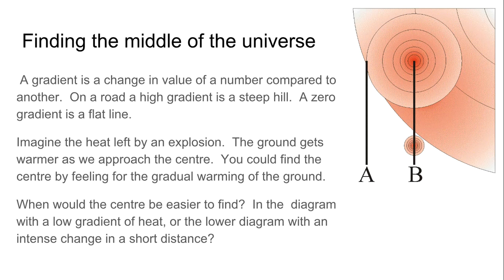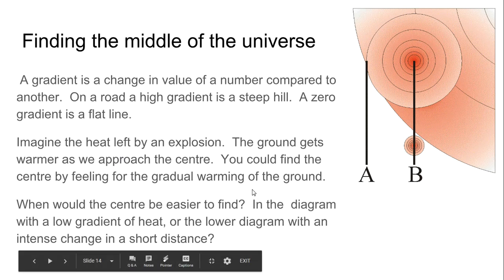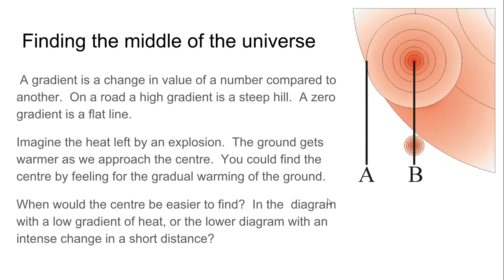So let's imagine there are several explosions and they left a heat trace on the ground. So there's explosion A, B, and this big one, C. Which explosion could you find the center of easier? Where could you find the hot spot left behind?